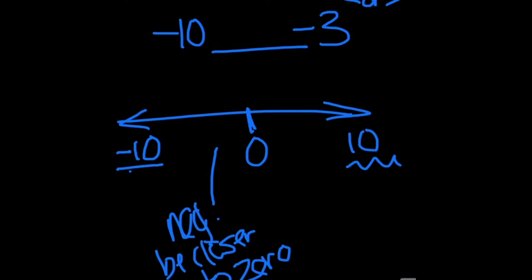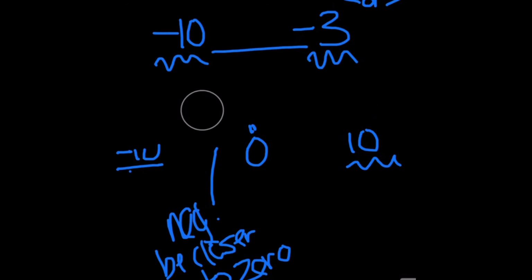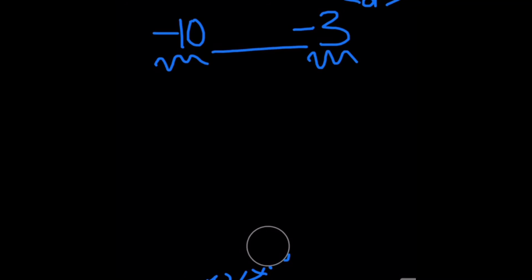So what number is closer to 0? Remember, in positives, the farther away you are from 0, the greater you are. And for negatives, the farther away from 0, the less you are. So hopefully that wasn't too complicated.